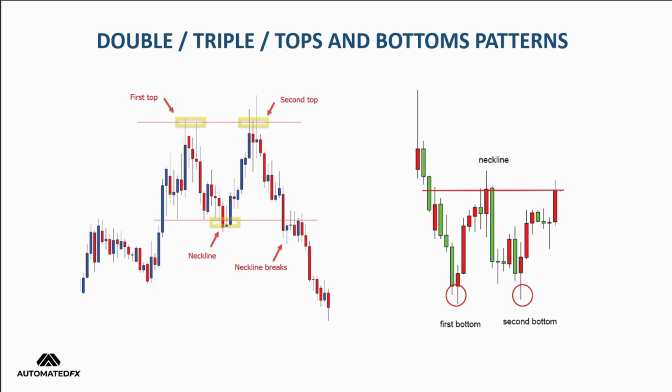This indicates that selling pressure is lessening, and when price moves above the resistance level, it signals a possible reversal from a downtrend to an uptrend. These patterns reflect a shift between buyers and sellers and often appear at important market turning points.